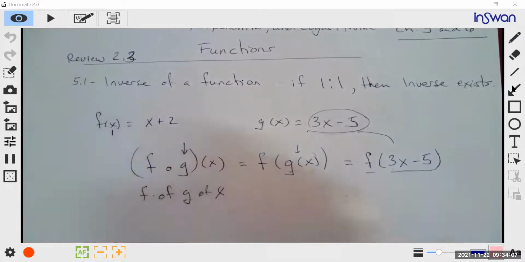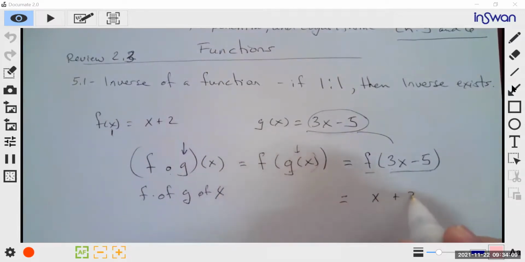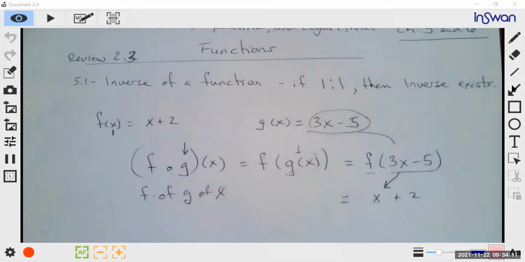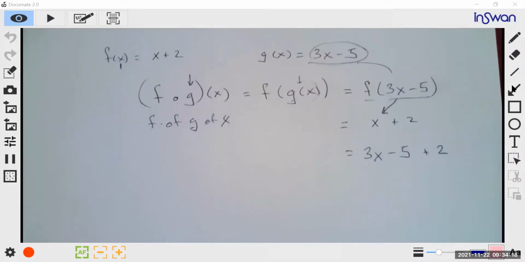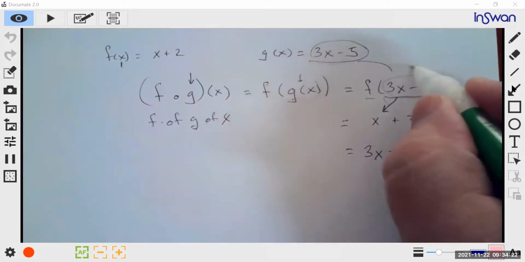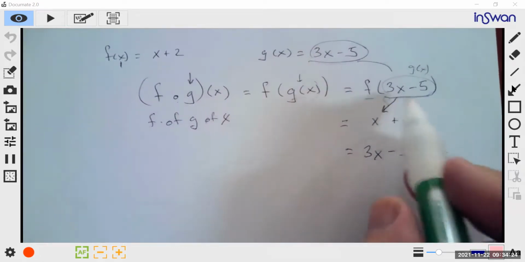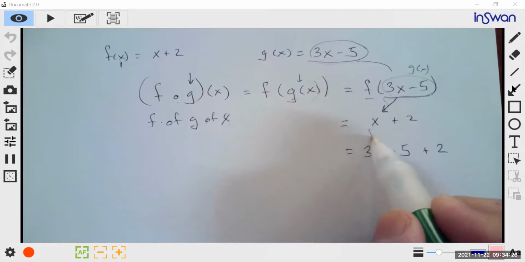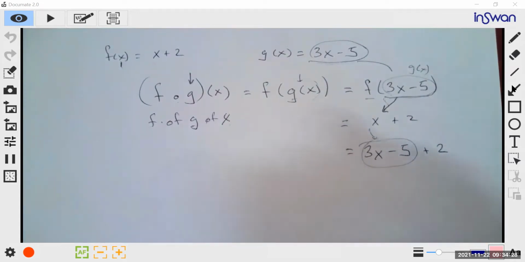So f of x is x plus 2. This goes in place of x. So this is my g of x. It's taking the place of x. Now I just simplify.